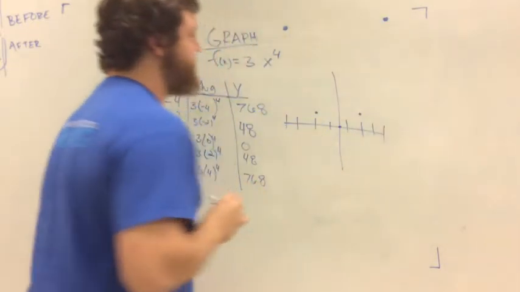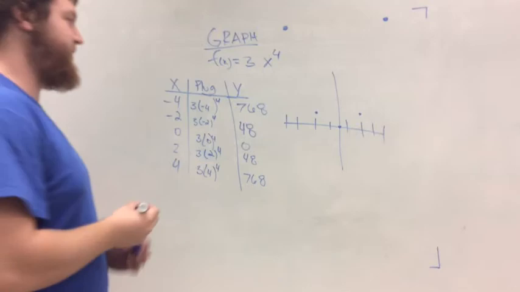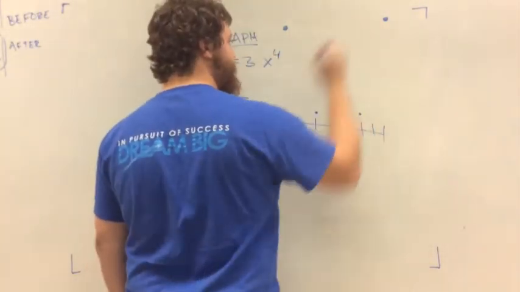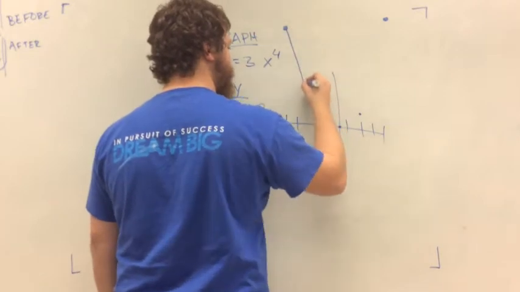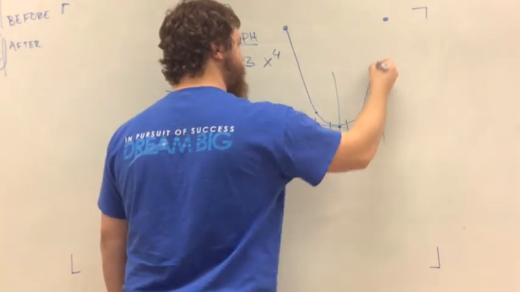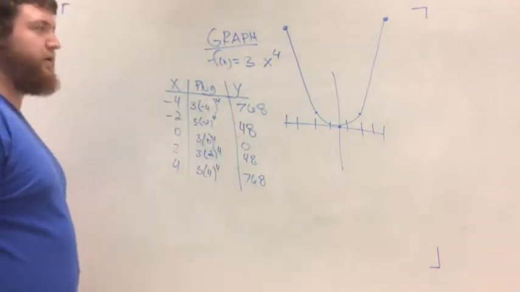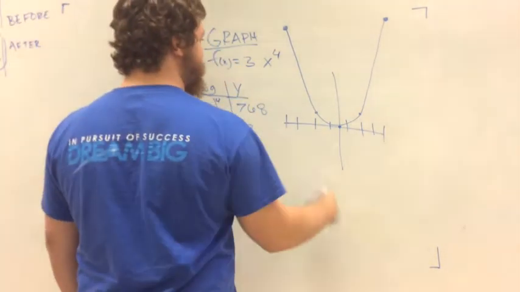So let's talk about that. If I connect those dots, what's it going to be? It's going to be a U, right? Is it going to be a U? What shape should this be? It should have 3 changes of direction.